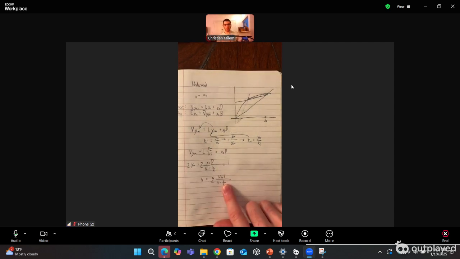And then on this side, we will divide the numerator and the denominator by v. So we'll clean it up a little bit.